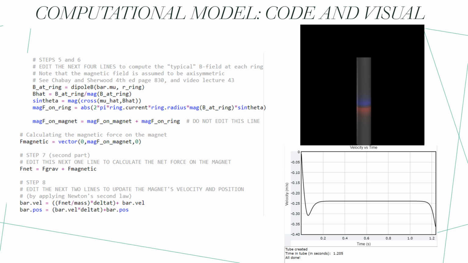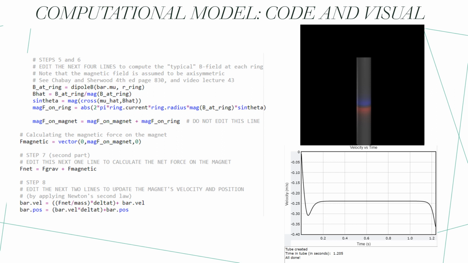So first of all, we have the B field at each ring, and we also have the magnetic force on the magnet, and then finally we have the net force on the magnet total, so F grav plus F magnetic. And then lastly, we were able to create two lines on the graph seen on the right, which shows the magnet's velocity and the bar magnet's position.